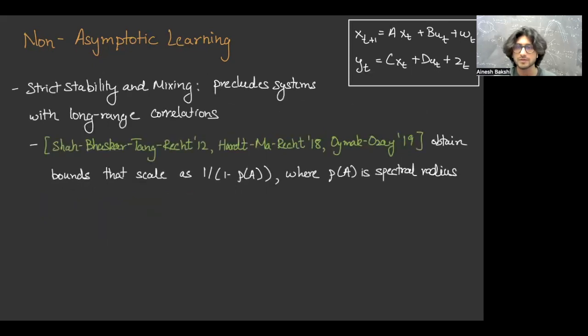All right, next, in the rapid mixing setting, existing works preclude systems with long-range correlations. The sample complexity and running time bounds that are obtained in these works scale inversely proportional to the spectral gap.